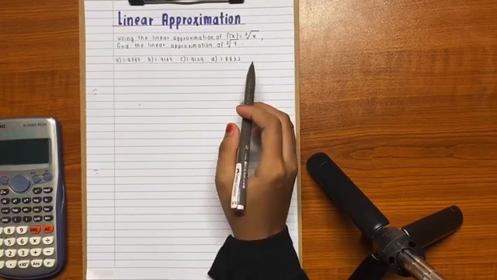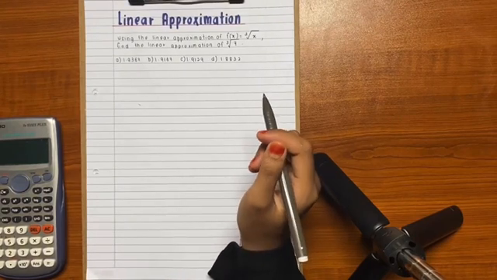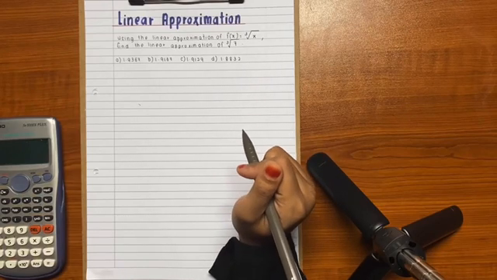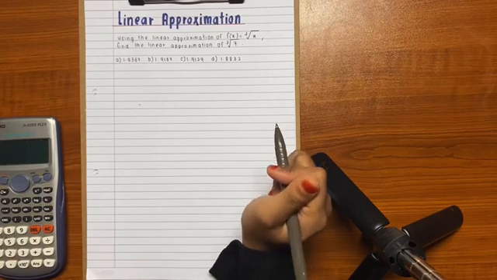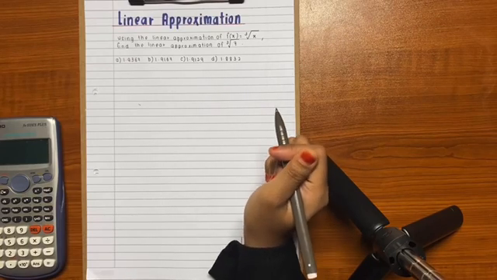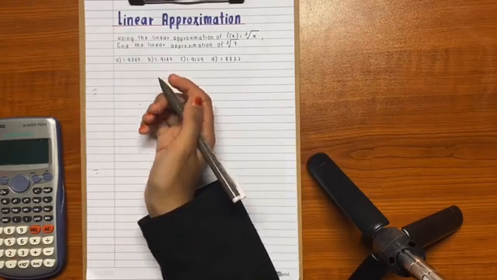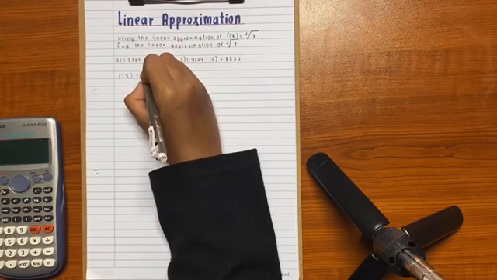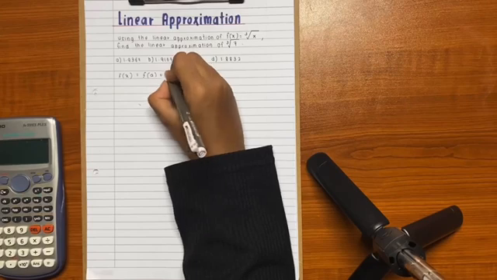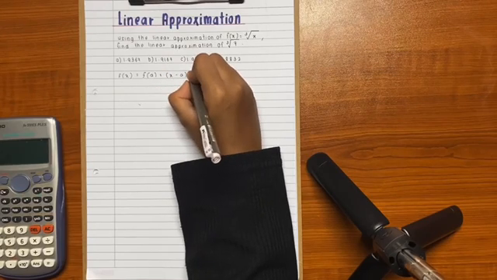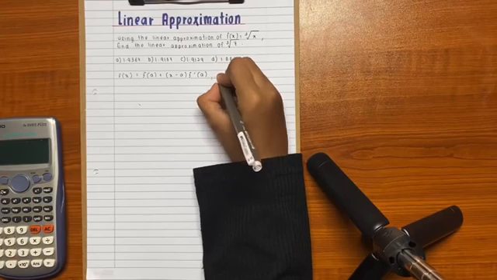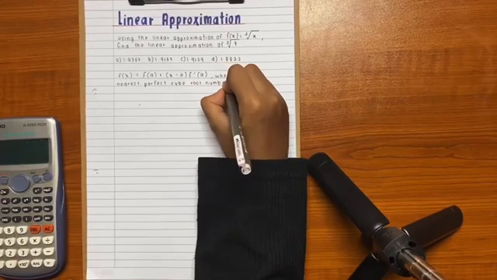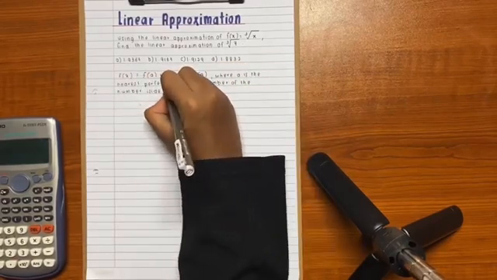First, we need to assume a function according to the linear approximation or tangent line approximation of a radical number. The method used for the approximation is based on the concept of derivative or differentiation. The formula used for tangent line approximation is f(x) equals f(a) plus (x minus a) multiplied by f prime(a), where a is the nearest perfect cube root number of the number inside the radical.